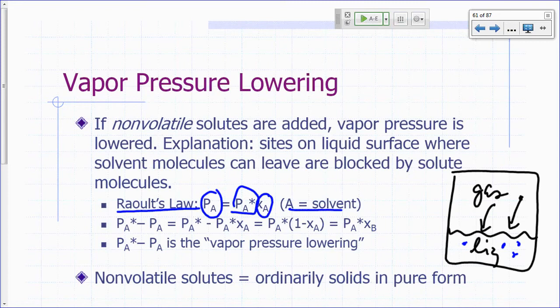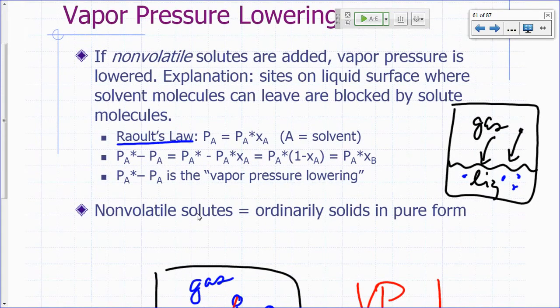A is our solvent in this case, so A would be water if your solvent is water. So what happens then? By how much is the pressure lowered? We take the original vapor pressure, the vapor pressure in equilibrium with the pure liquid, minus the vapor pressure in equilibrium with the solution. So P star A minus P sub A, that's your vapor pressure lowering.